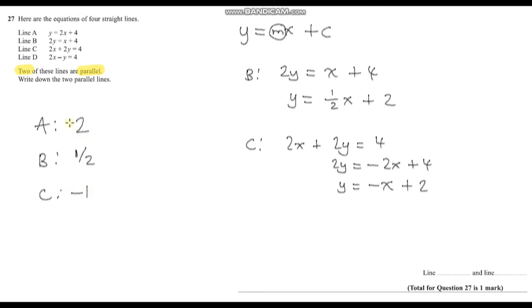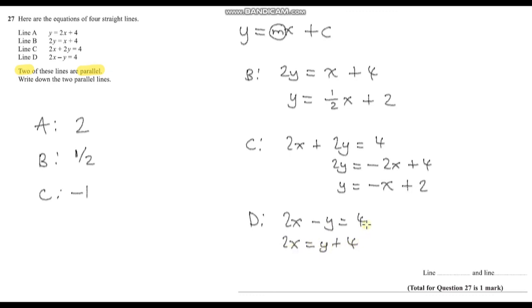So D must be parallel to one of them. Line D, we've got 2x minus y is equal to 4. Let's put y on this side just to make it positive. If we add y to both sides, we get 2x is equal to y plus 4.